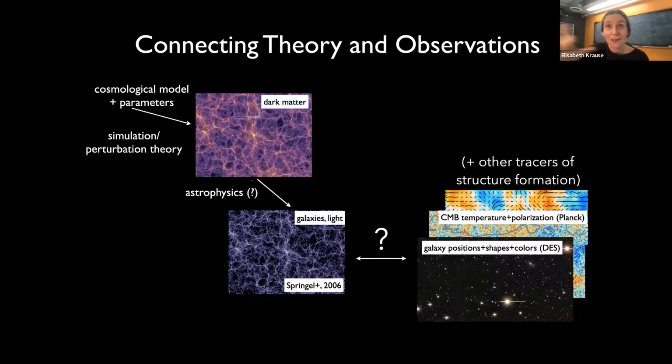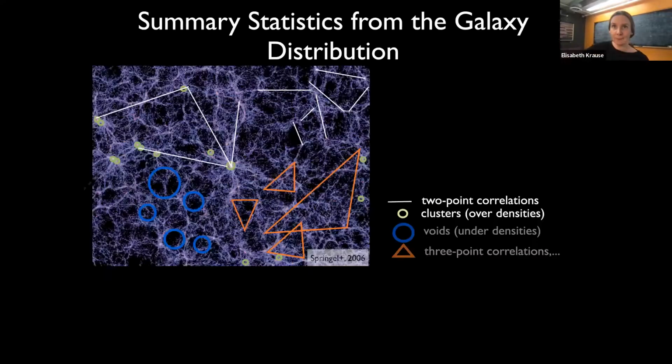Obviously, "all of astrophysics has to happen" is a big step, and a lot of the systematic effects I'm going to talk about today. I will pick a particular path for this comparison of theory and observations, in that I will focus exclusively on summary statistics.